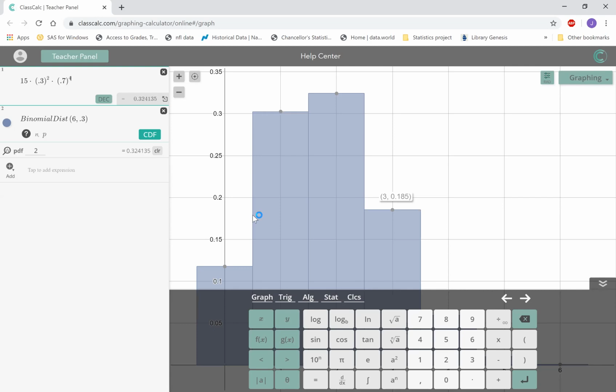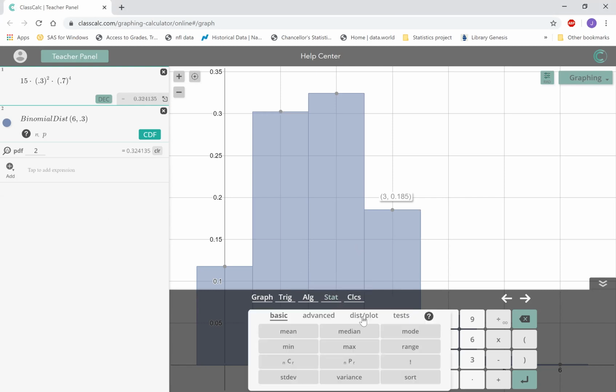All right. So let me switch back. If you're using ClassCalc, you hit the stats button right here where it says distribution/plot.